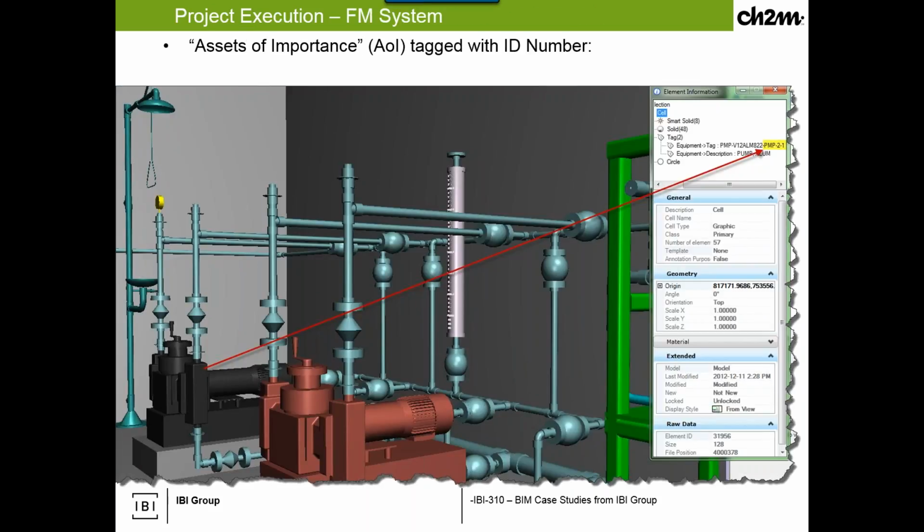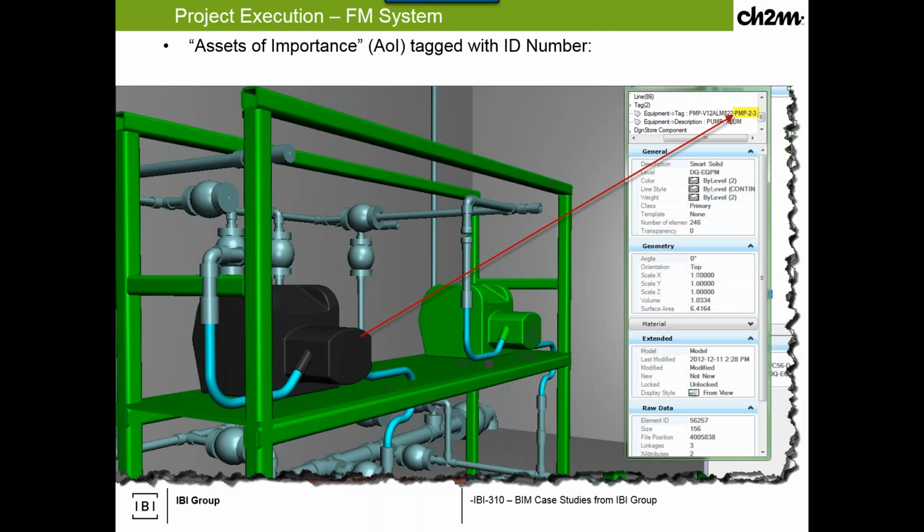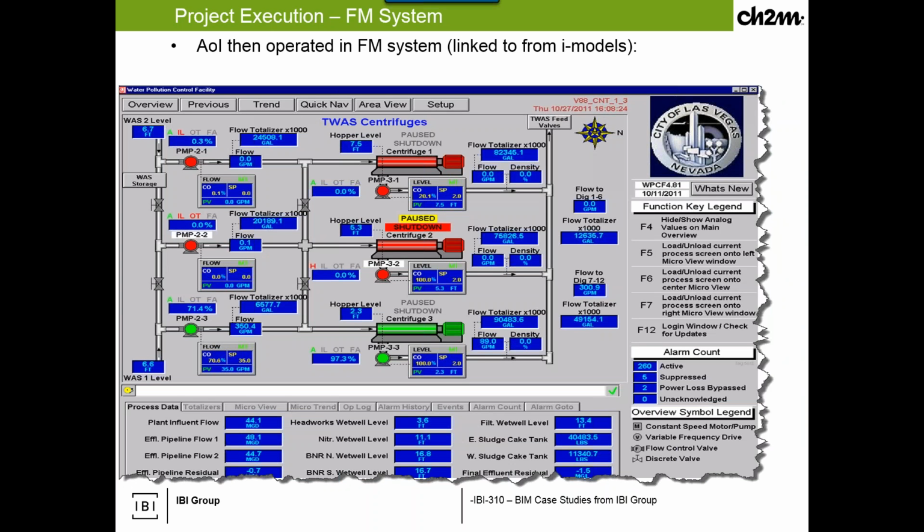The other thing, and why this won the award, is we actually took asset information. So each one of these pumps was identified as an important asset. They had unique numbering, and they had linkages to the owner's asset management system. So this is their operational screen. You can see those same 3 pumps. So we actually built linkages from the BIM model itself.